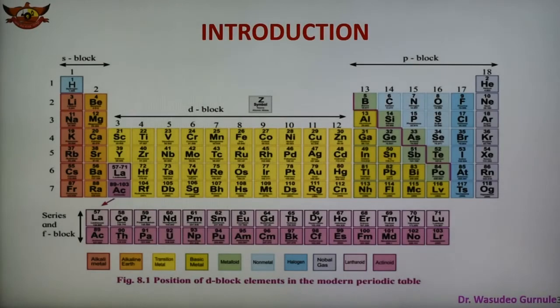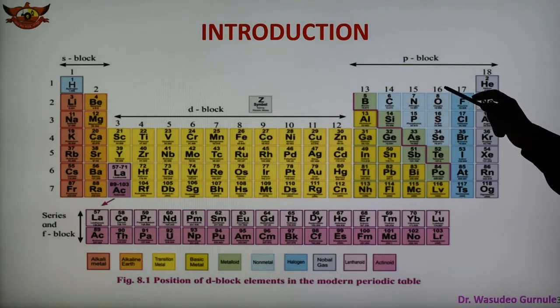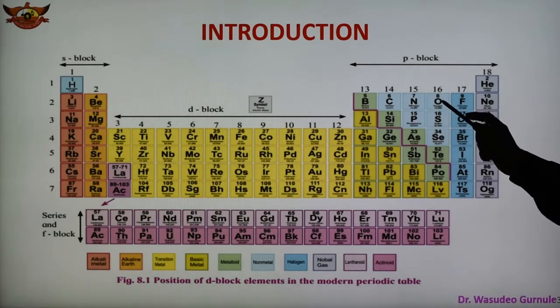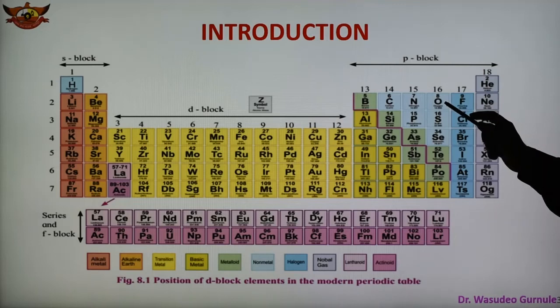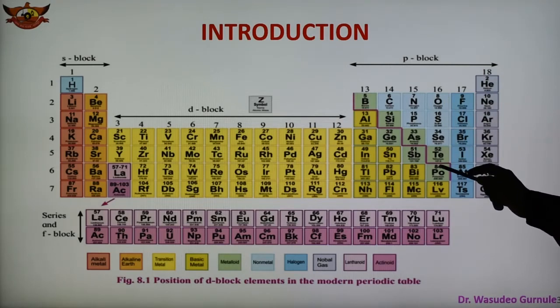As we know, groups 16 and 17 are shown here, and here is group number 16. The first member of group 16 is oxygen, therefore this is known as the oxygen family, and the elements are oxygen, sulfur, selenium, tellurium, polonium.